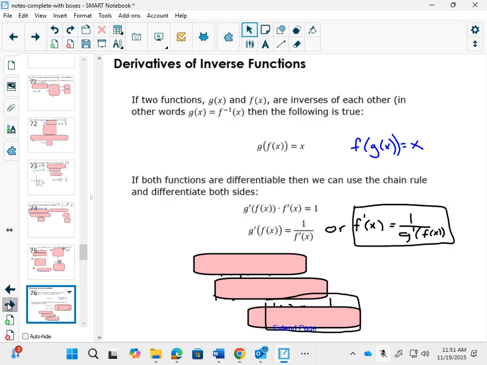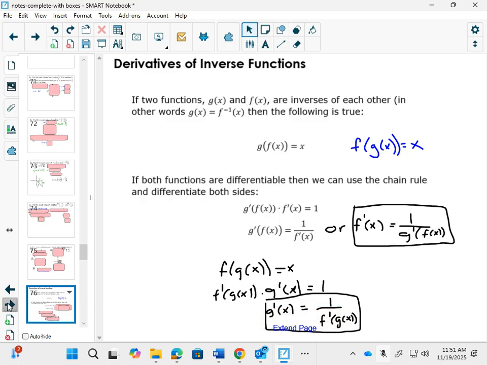And I could rearrange this in either way. And if we took the other one that I wrote in blue and did the same chain rule, we get this formula.